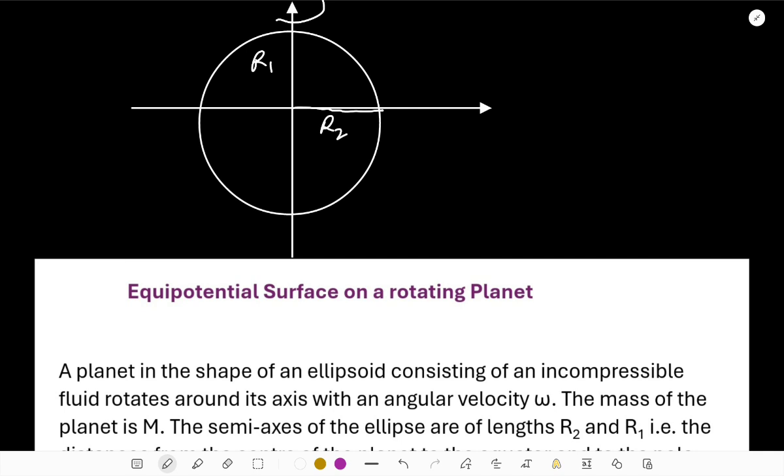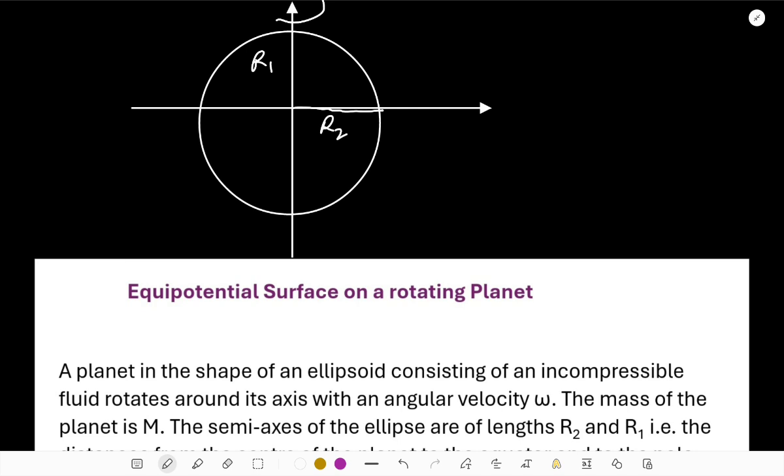I'm going to talk in a rotating frame of reference, and in this frame a centrifugal force will also be acting. And I need to think about the potential energy, the potential energy of the fluid elements of the planet.